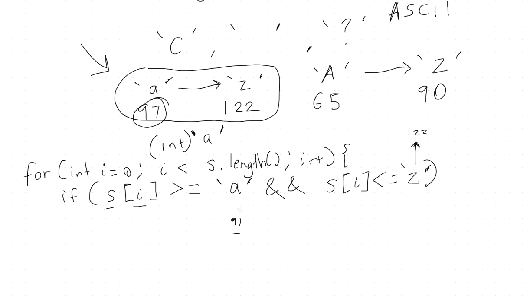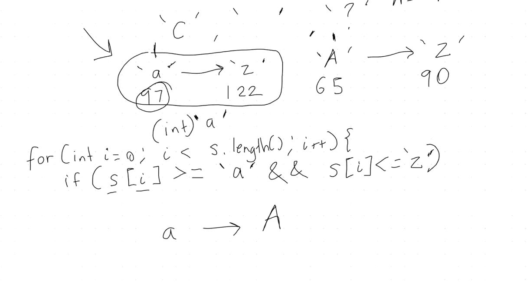So the way you do that is the difference between the lowercase letters and the uppercase letters. If you want to go from lowercase to uppercase, you have to subtract a number. And the number you want to subtract is 32, I believe. Yeah, 32. Because if you can see here, uppercase A is 65.